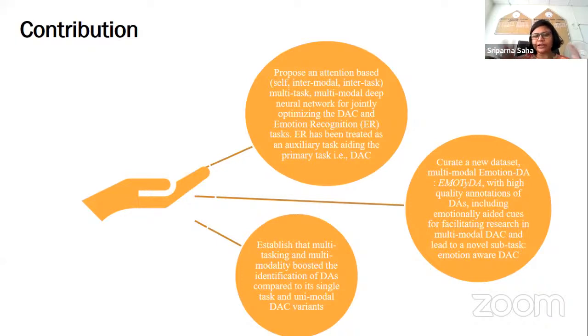Multitask algorithms are nowadays very popular in natural language processing, because in natural language processing some tasks are interconnected. For example, sentiment and emotion are interconnected tasks. If you can correctly identify the sentiment, then it can help you in correct identification of emotion.